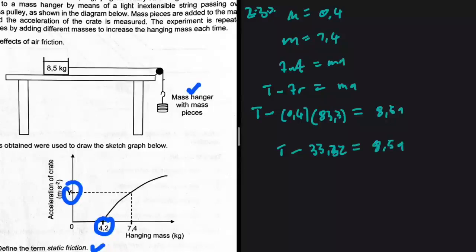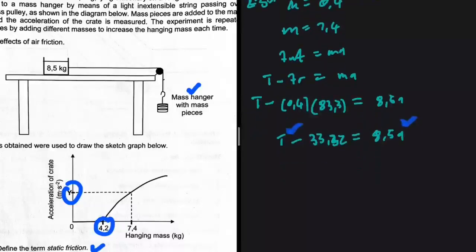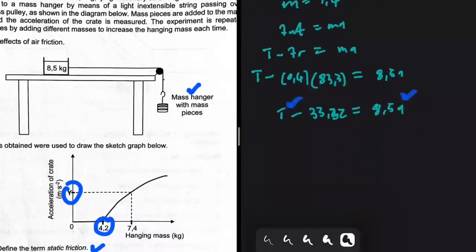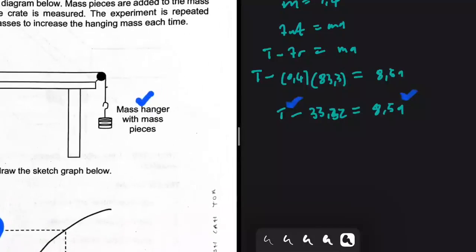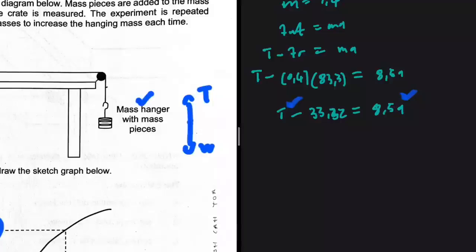Okay, so it seems like we are stuck here. We have the tension and we have the acceleration, so two variables. So we need another equation. Let's concentrate on the mass hanger. The free body diagram should be the weight and the tension. Why is it going down?